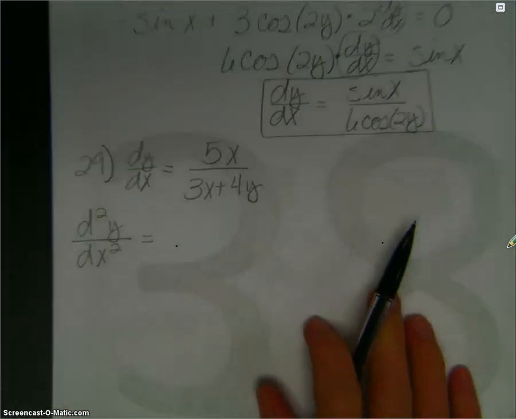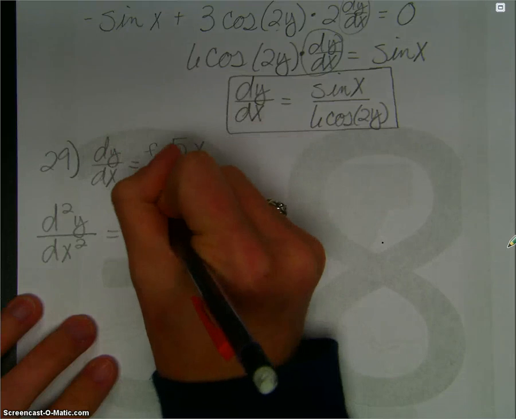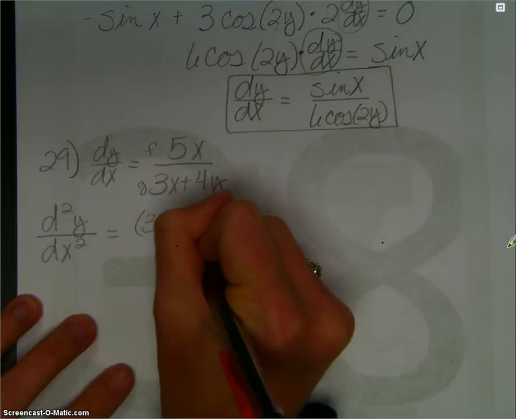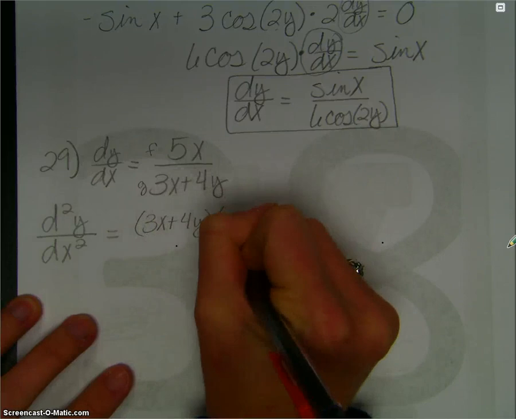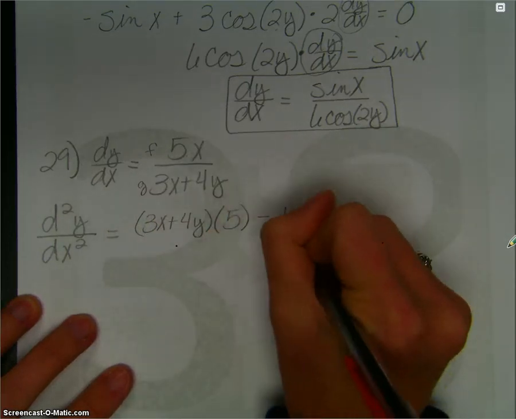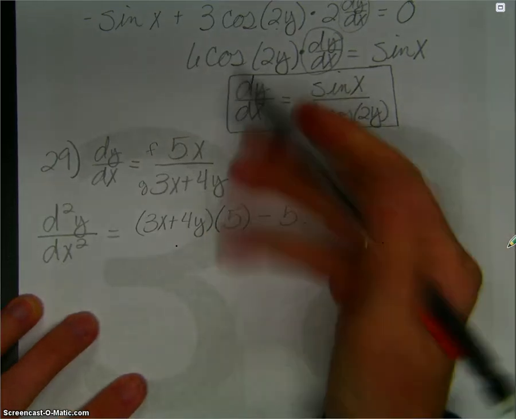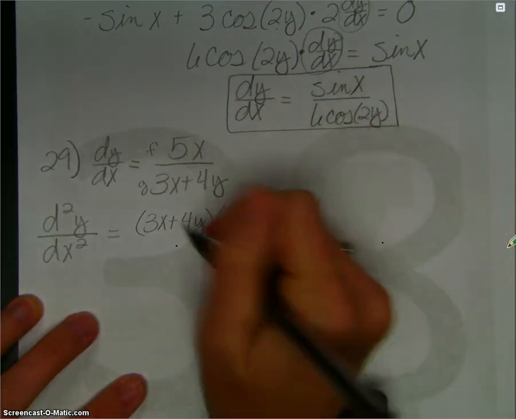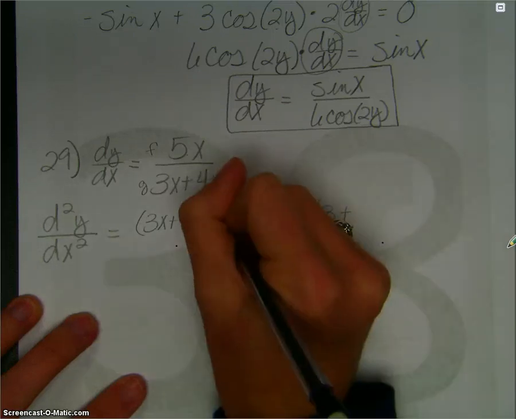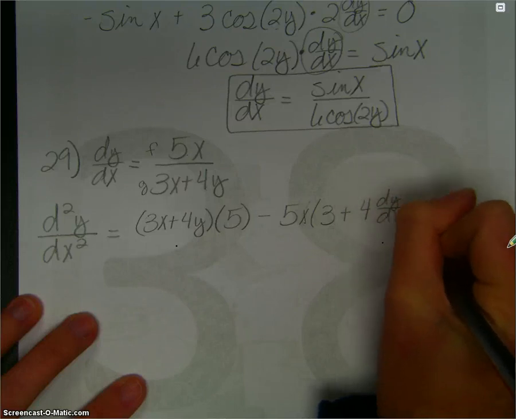Okay, so when I go to use my quotient rule, I'm going to label the numerator as f and the denominator as g, and I'm going to start with g times f prime, so the derivative of 5x is 5, minus f times g prime, so the derivative of 3x is 3, and the derivative of 4y is 4, and don't forget your dy over dx.